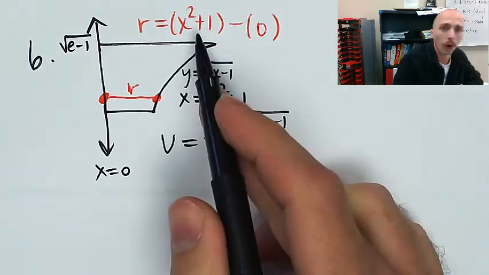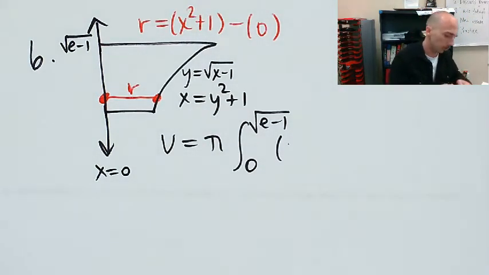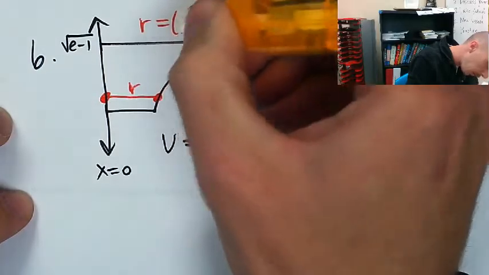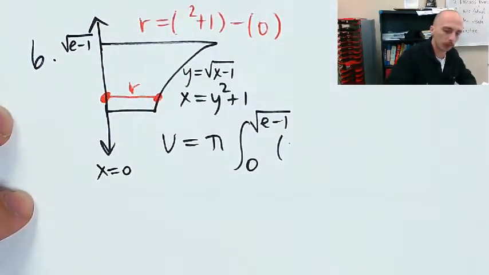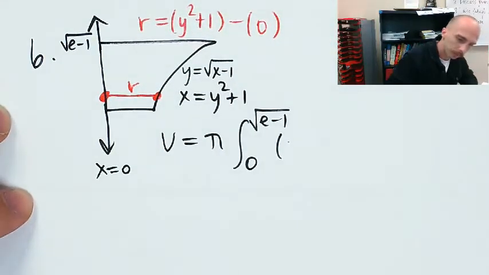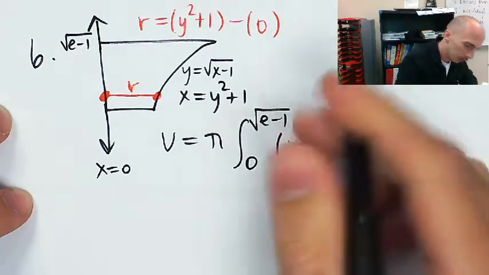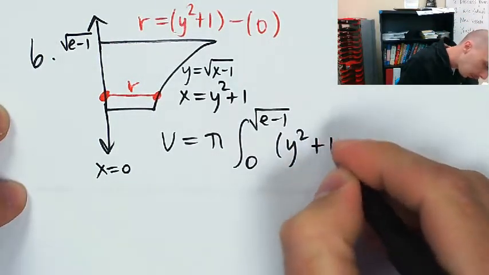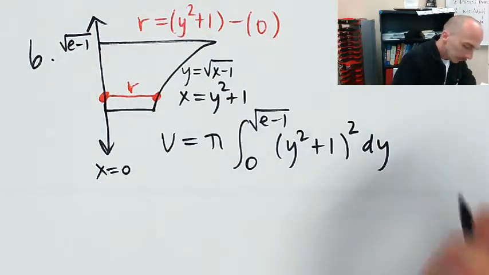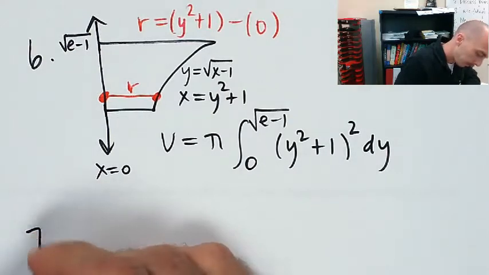Where on earth did I get x squared plus 1? I don't even see an x squared plus 1, but x equals y squared plus 1. It's just so far off, I don't even understand what I was saying. Right, y squared, because this needs to be an integral in y. So that's y squared plus 1 squared dy. Pardon me, major mistake.